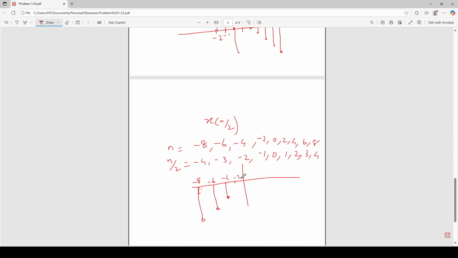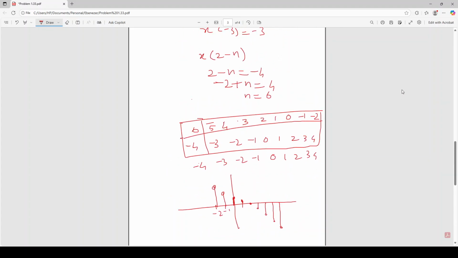For -2, it will be -1. 0 will be 0. For +2, it will be 1. +4, it will be 2. +6, it will be 3. +8, it will be 4. Here n is 2, 4, 6, 8. So this is x[n/2].